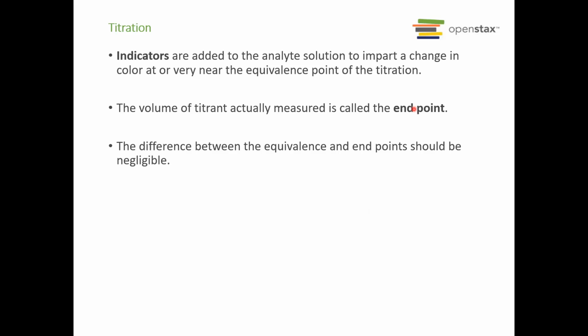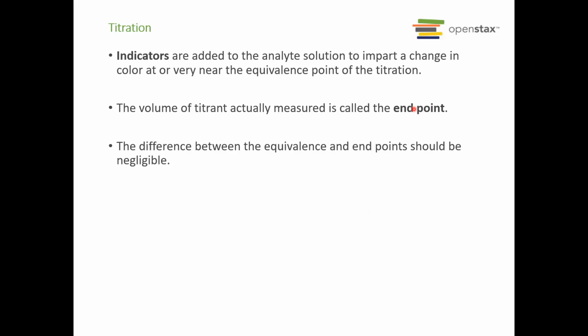With phenolphthalein, that pink indicator that we used, that changes, I believe, at around a pH of 8 or 9. Whereas the equivalence point, if we had a strong acid and strong base, would be at a pH of 7, perfectly neutral. So the equivalence point and the endpoint are off slightly.